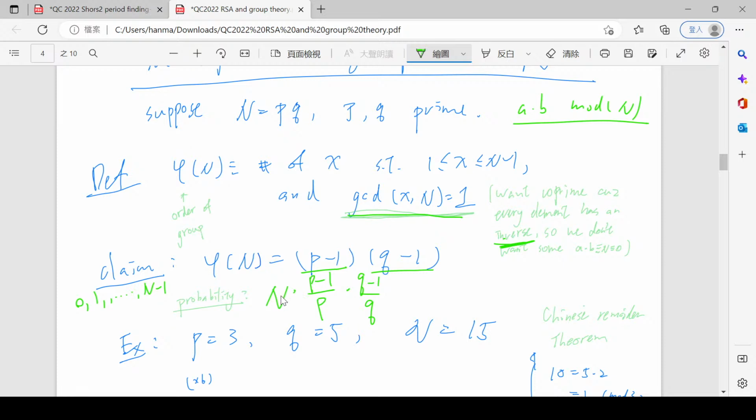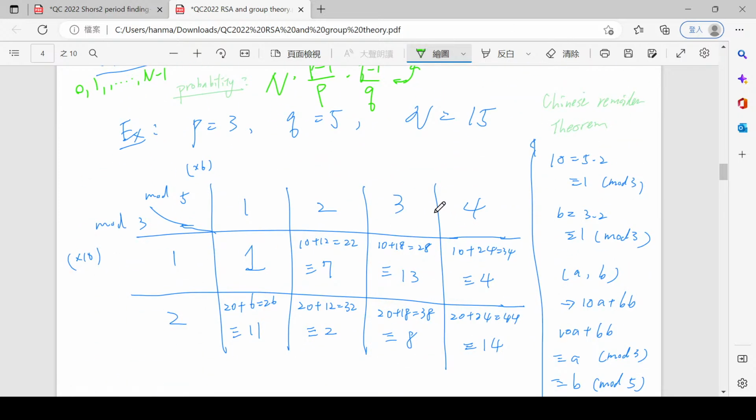So the number of things coprime to n should be n times p minus 1 over p times q minus 1 over q, and n equals pq, so that's just equal to p minus 1 times q minus 1. That's what happens when everything is distributed uniformly and nicely. But is that actually true? Well, we are going to prove it, but before we prove it, let's see it in an example.